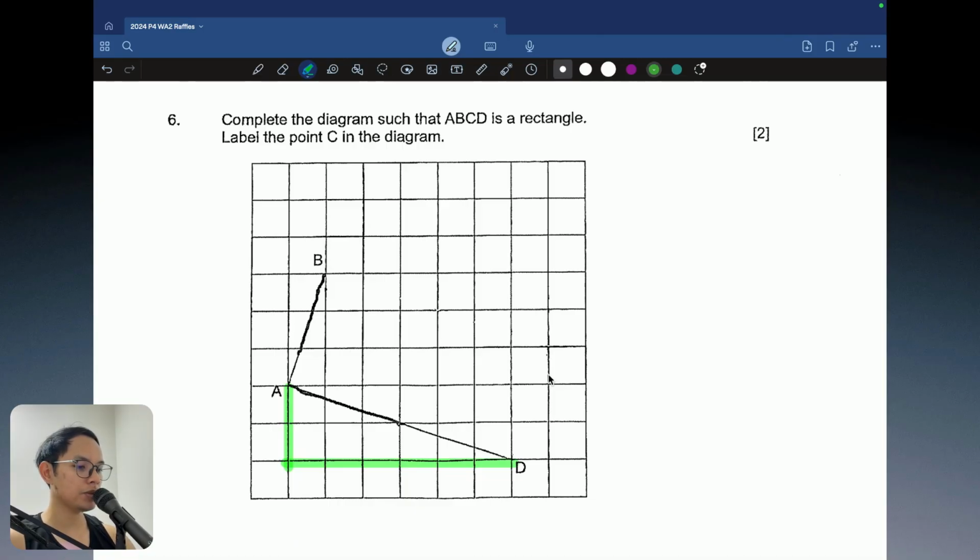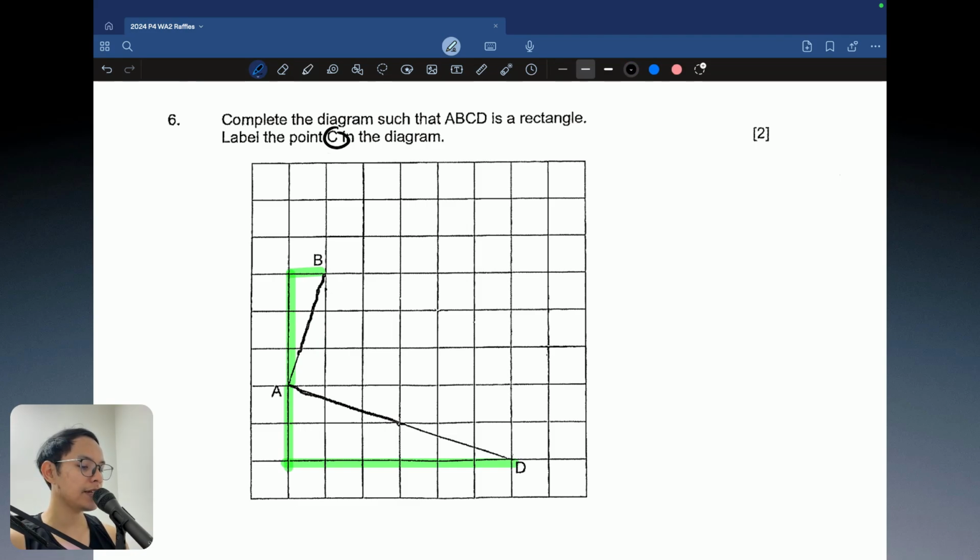Then B also uses a 3 by 1 rectangle as what you see over here. So how do we calculate C? C is where you're going to make the rectangle.